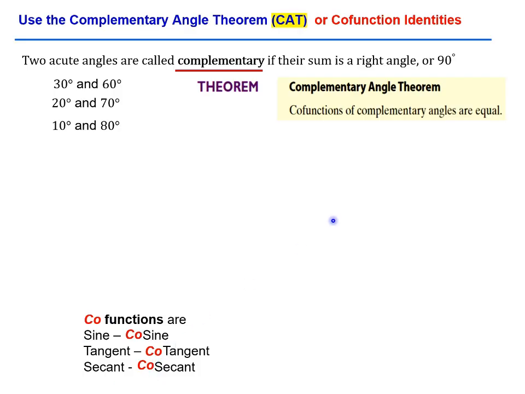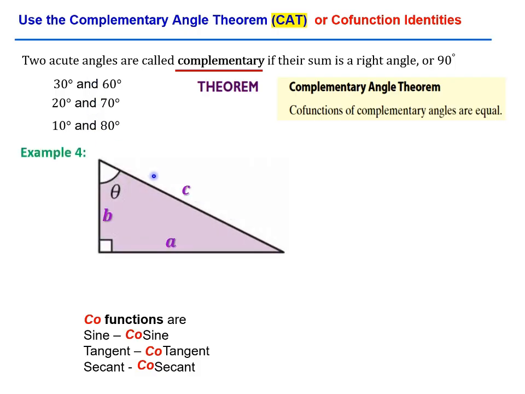So it's easy to remember. Now, just to complete this theorem of CAT, or complementary angle theorem, since we already know the cofunctions and we already know the complementary, let's draw a right triangle. Suppose we have a theta, the sides A and B, and the hypotenuse is C. This is a right triangle because there is a right angle here.